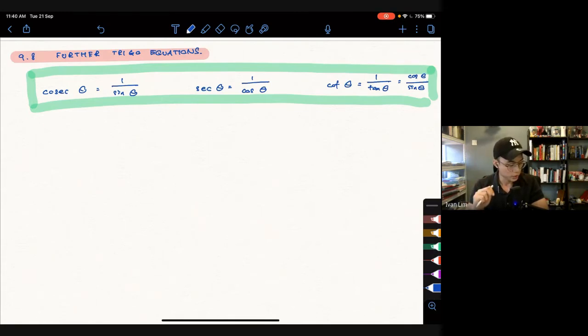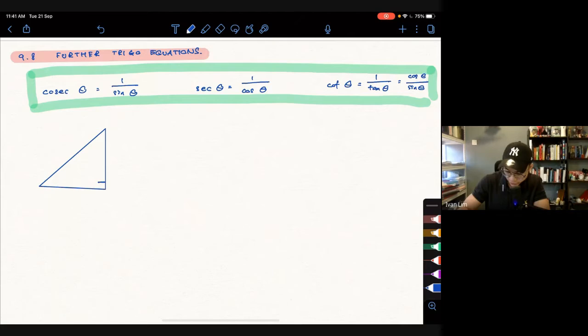Okay, sine square theta plus cos square theta equals to 1. So you all go back, right? And then you all remember how we actually proved the sine square theta plus cos square theta equals to 1? It's actually through Pythagoras theorem with a right angle triangle. Okay, so the other 2 trigo identities can also be proven in that way.